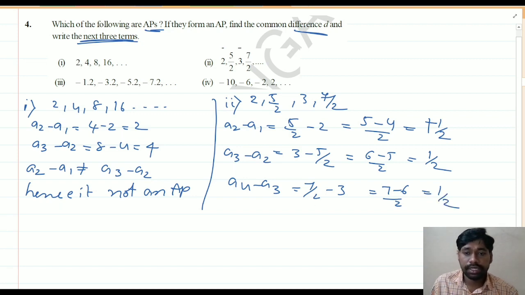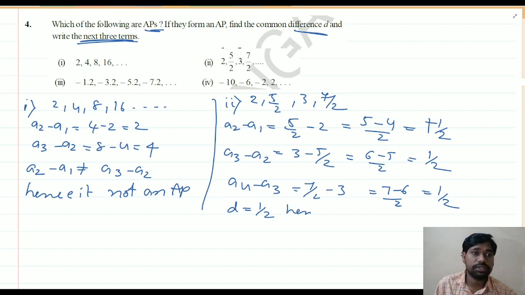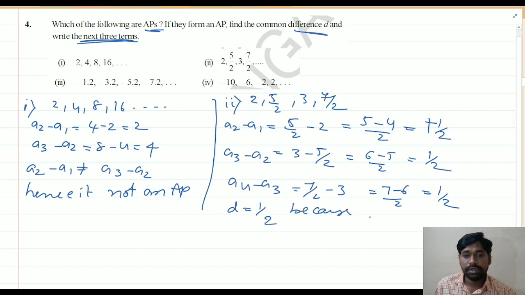So what we are getting here is simply the common difference is equal, D is equal to 1 by 2. The reason is that A(k+1) minus A(k) is the same. It is an AP.